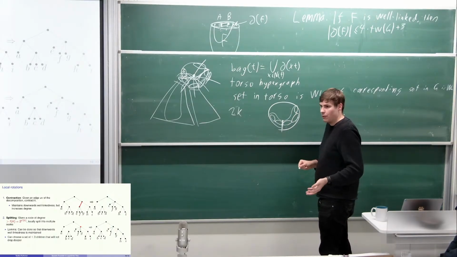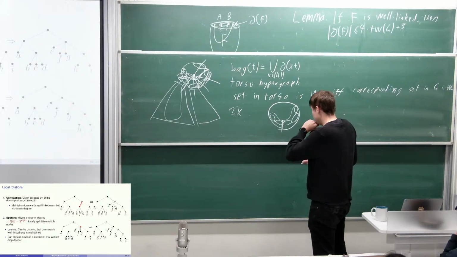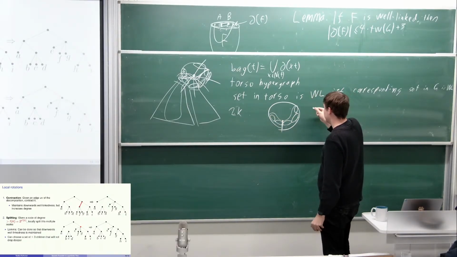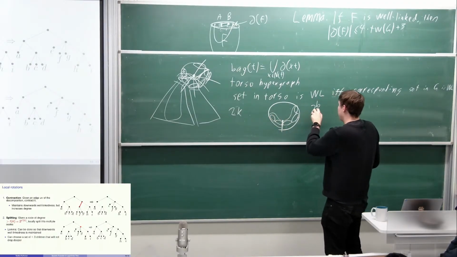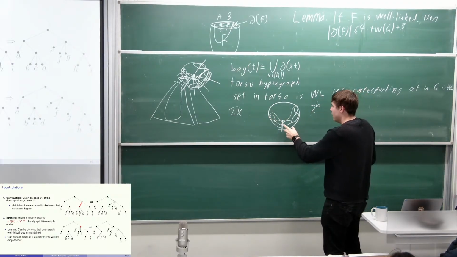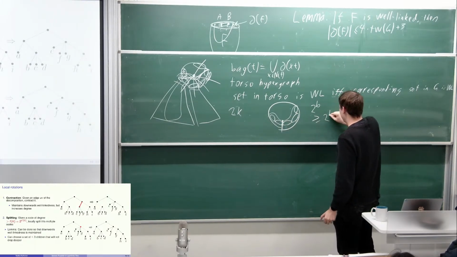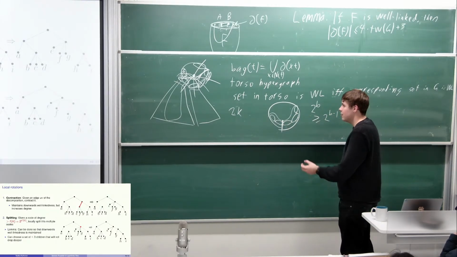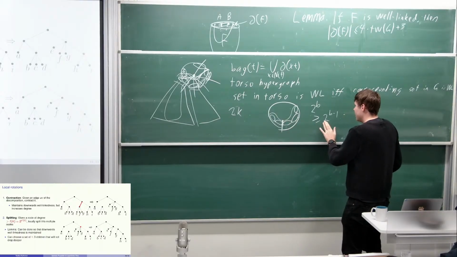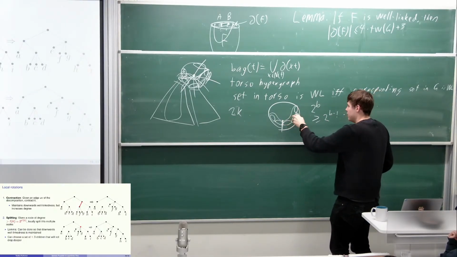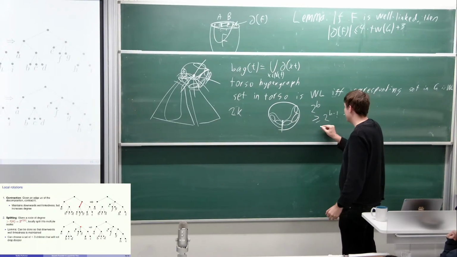This was the definition of well linked. And if I had enough hyperedges, let's say initially at least 2 to the b hyperedges, where b is the boundary size, now one of these sets will have at least half of the hyperedges. So I have at least 2 to the b minus 1 hyperedges in a set whose boundary size is at most b minus 1.